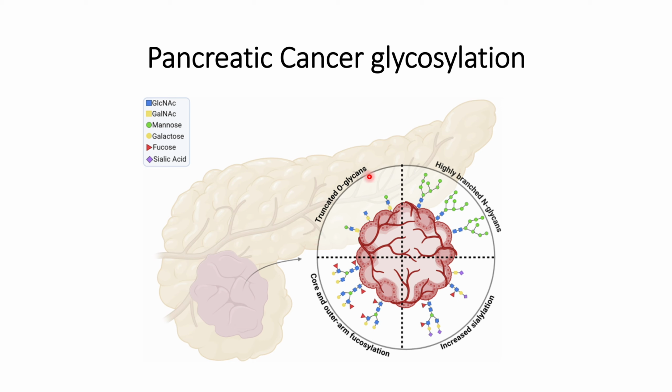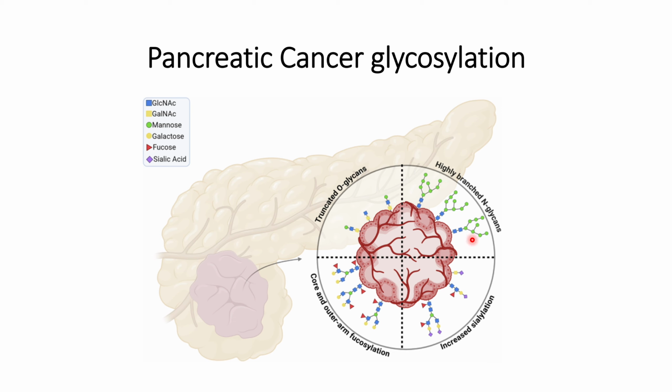One of the major changes in the glycosylation occurs with these truncated O glycans that can be seen here. We can see some of the examples shown here, and another category of the changes that occur in the glycosylation is highly branched N glycans.